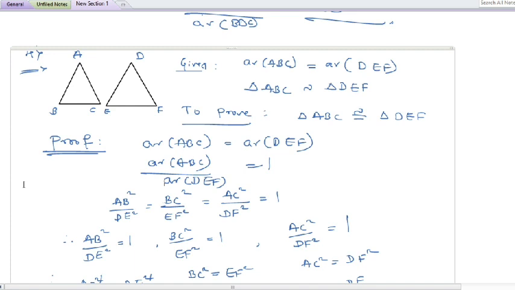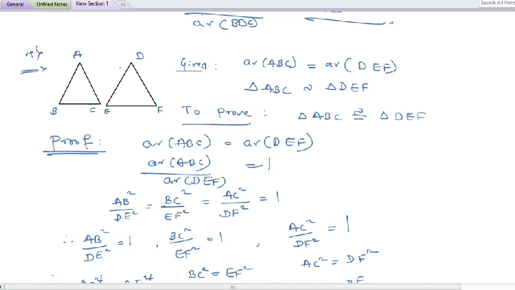BC square by EF square is equal to AC square by DF square is equal to 1. So, AB square by DE square is equal to 1, BC square by EF square is equal to 1, and also AC square by DF square is equal to 1.